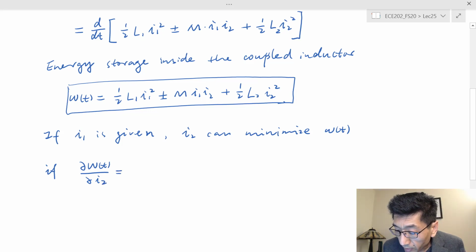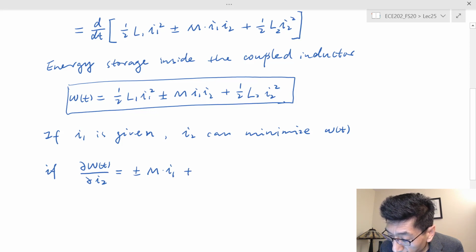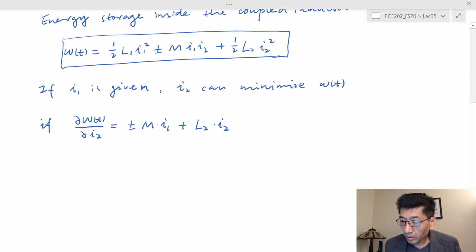The first term will be gone, and you get plus or minus M times I1 plus L2 times I2, and this should be equal to 0.